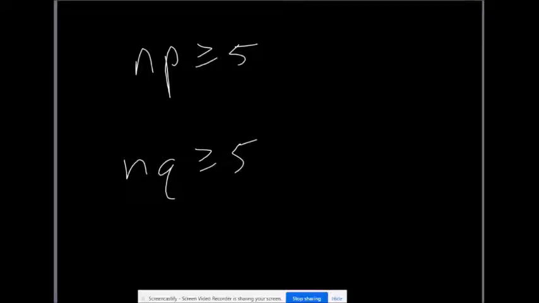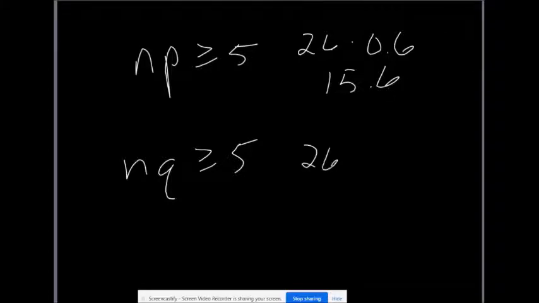So in our example, 26 hands times the probability, my win percentage, 0.6. 0.6 times 26 is 15.6, which is greater than 5.